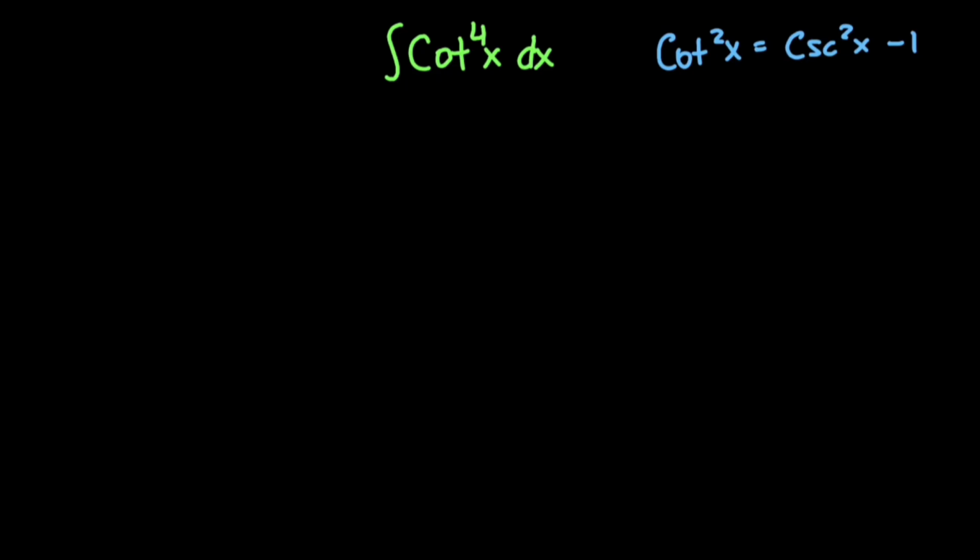The integral of cotangent to the power of 4. So, factor out a cotangent squared, and transform it according to its identity.